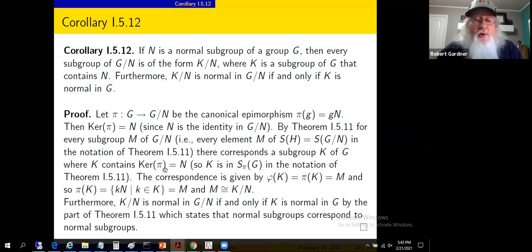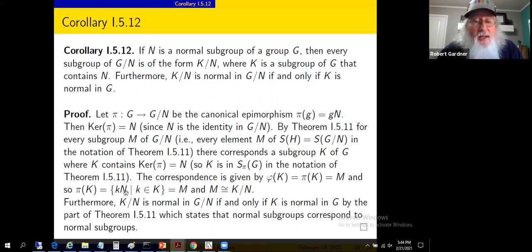The kernel of pi was N. We're taking the K's here and looking at pi of K, so left cosets of capital N, the kernel of pi, in K. And that's what we got out for M, well, not exactly, because we could pick up an isomorphism along the way. So we've got M isomorphic to K mod N.